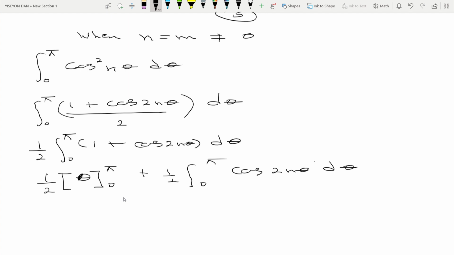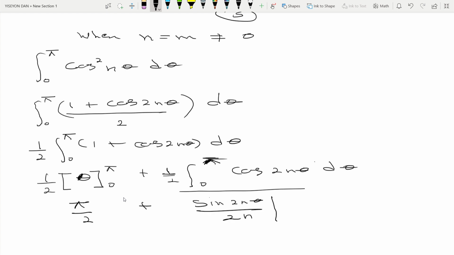Any integral from minus pi to pi, or any integral that is periodic in nature, the answer is automatically 0. So there's no even point integrating this. But if you integrate this at the end of the day and you put the value, you still have 0. You understand? Or the alternative way of doing this is the answer for this is pi over 2 plus, integrating this, you have sine 2n theta over 2n.